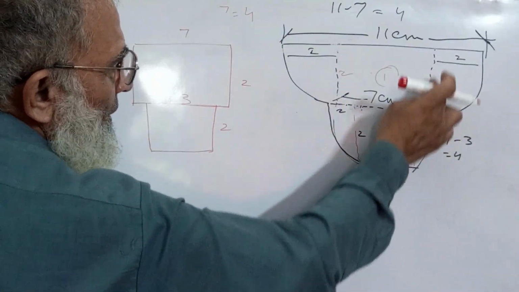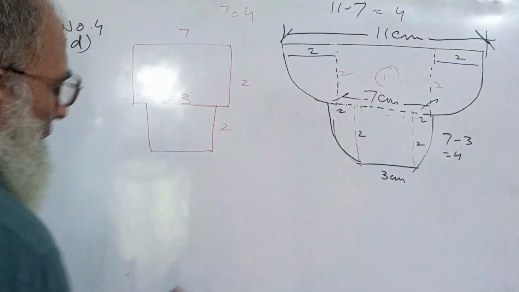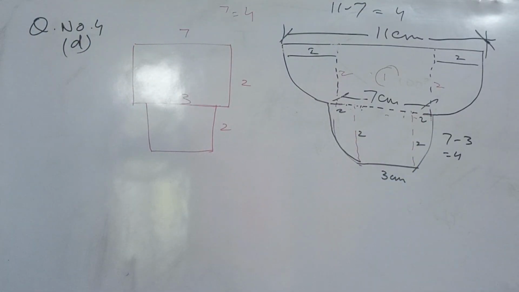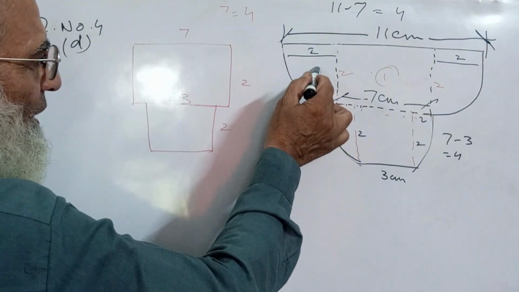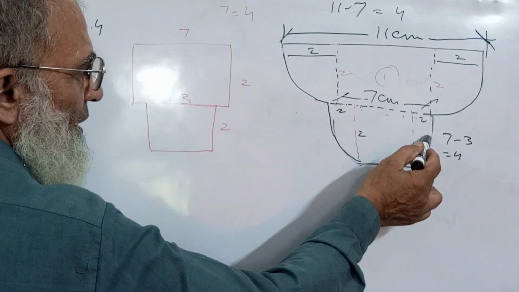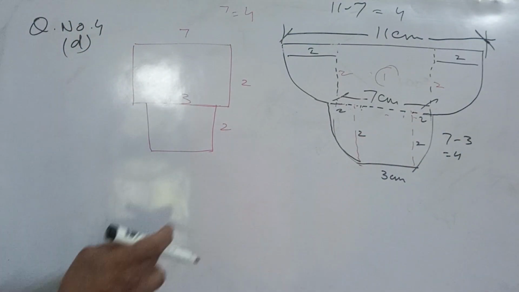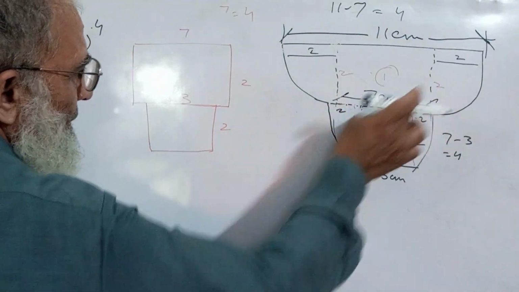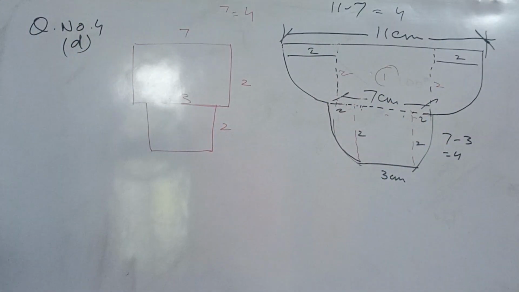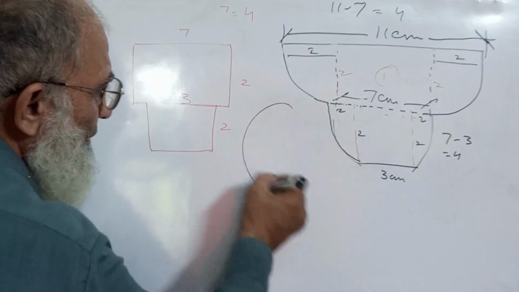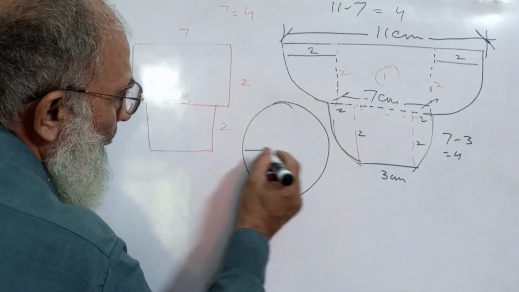And there is also one full circle, because this is 1/4 of the circle, 2nd quarter, 3rd quarter, and there are 4 quarter circles in this figure. So 4 quarter circles constitute one whole circle.